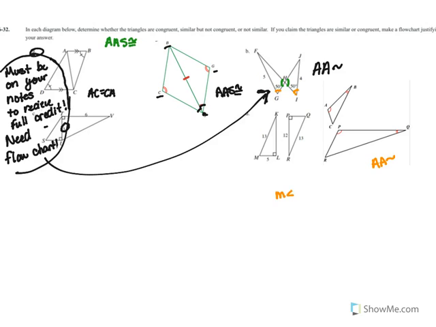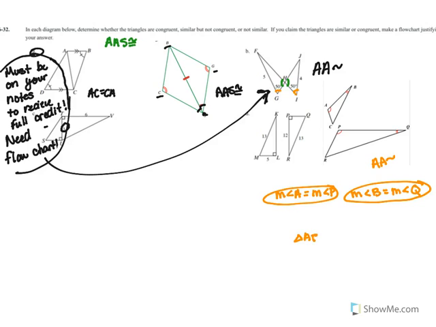So we have the measure. This is really the hardest part, making sure you have the measure. So the measure of angle A equals the measure of angle P. That's really the hardest part, is making sure you put measure in the front. The rest is pretty easy. Then we have the measure of angle B equals the measure of angle Q. The last thing we need, well, not really the last thing, is the similarity statement.